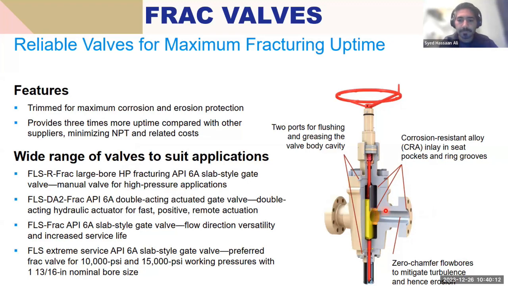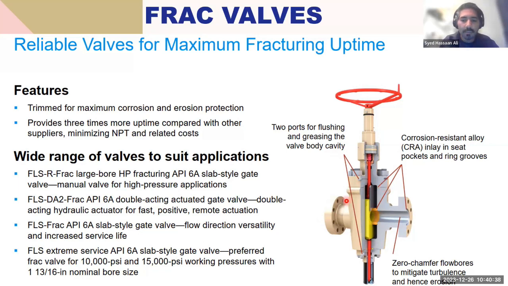We are trying to make sure that we have through bore access through the frac valves, and we have two ports for flushing and greasing through the valve cavity, to ensure that we are constantly pumping grease so that fluid does not go into the critical parts of the cavities in the valve, and have that detrimental effect, in which the valve can actually leak and expose the wellbore fluid or the frac fluid to the surface.